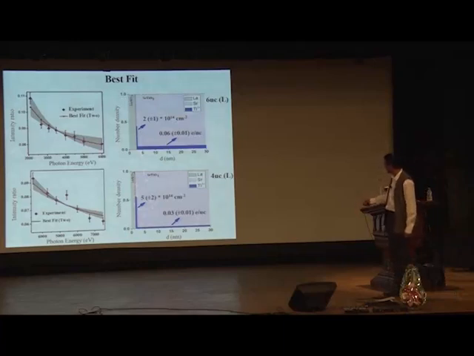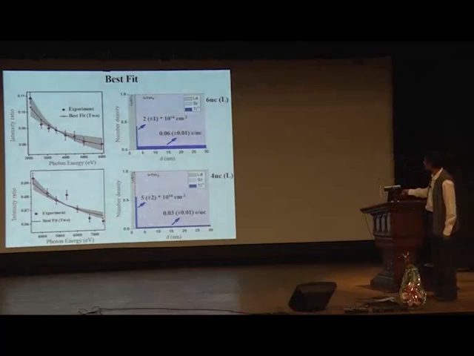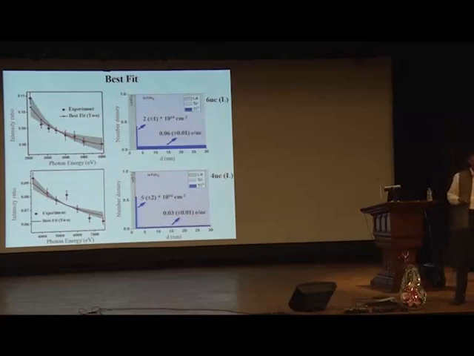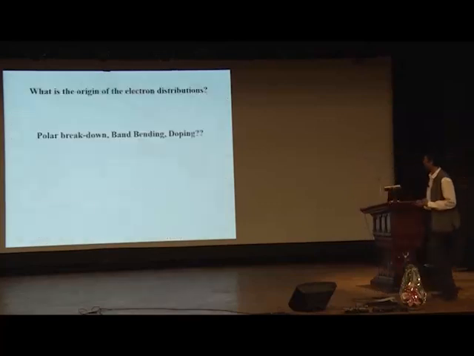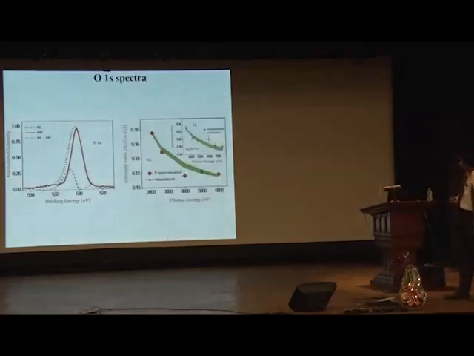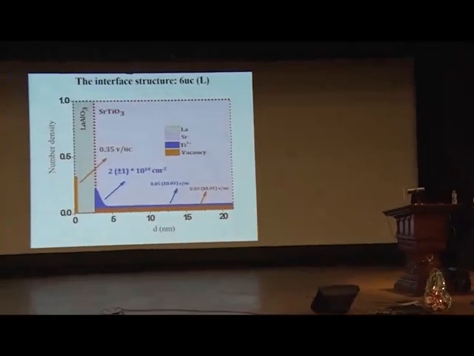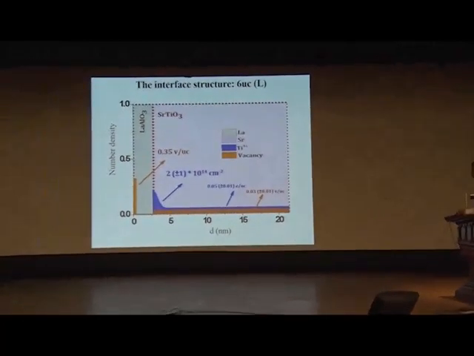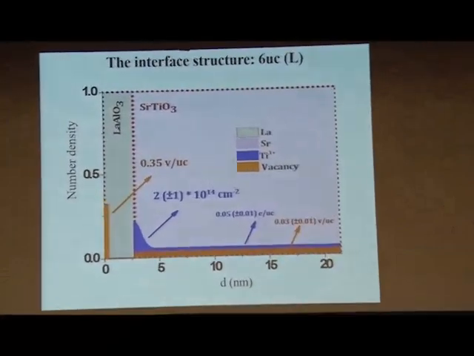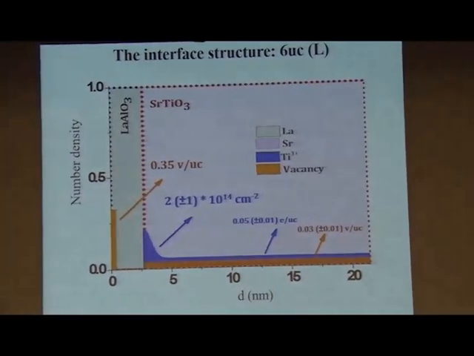Again, the same behavior. Then we asked the question, so where is this coming from? That immediately told us that in strontium titanate, oxygen vacancies are very common. So it must be oxygen vacancy, and we were lucky because there's a spectroscopic signal or signature of what an oxygen vacancy is. For shortage of time, I'm not going through that, but essentially I'll tell you what the story is. The story turns out to be that the oxygen vacancy also required two different kinds of distributions.